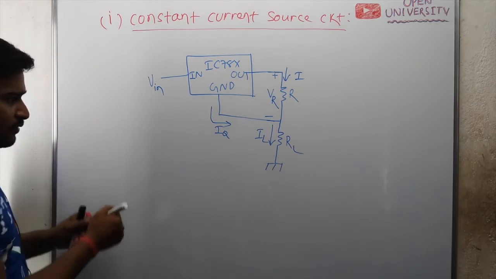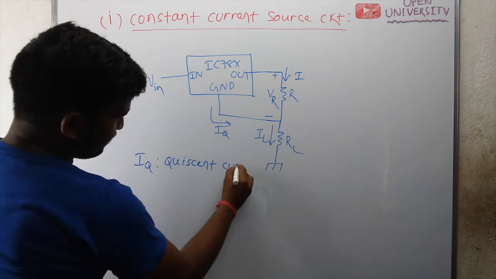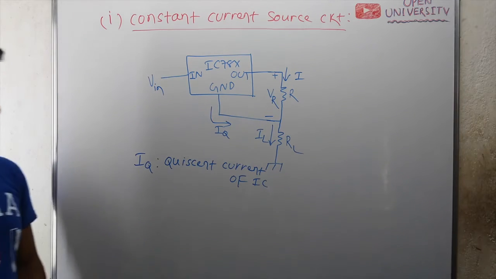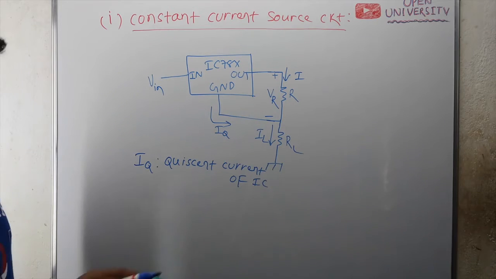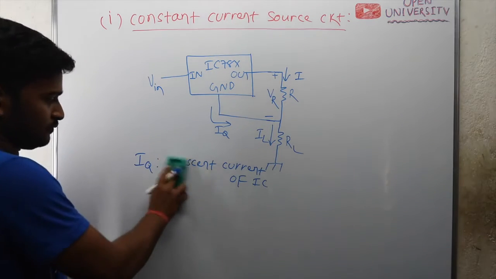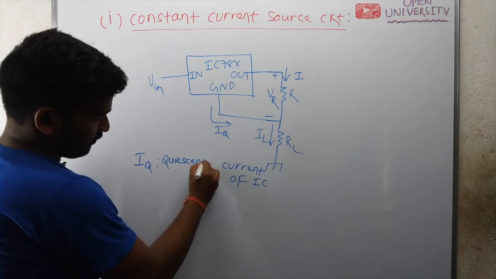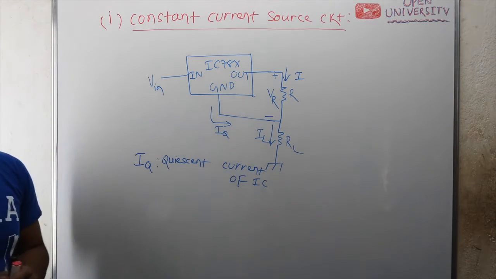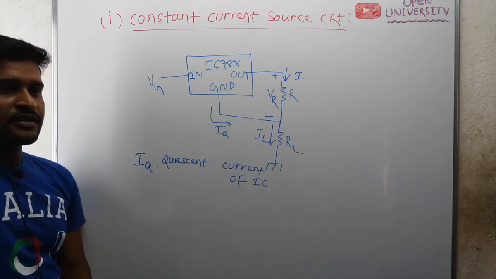Write down, IQ is called quiescent current of IC, and this current is fixed for an IC.